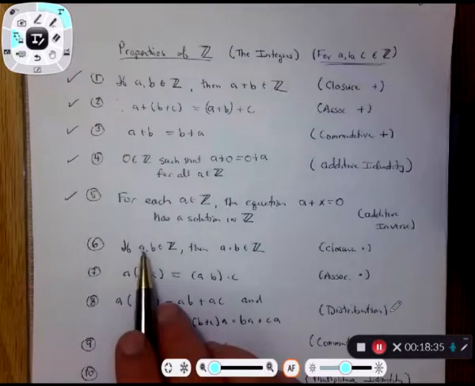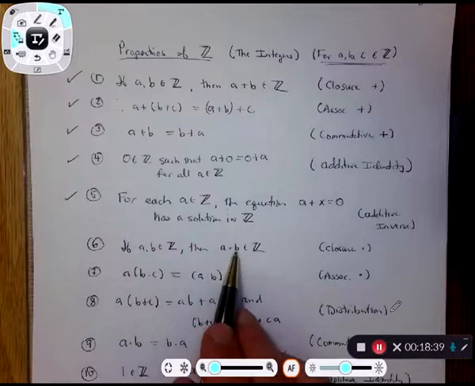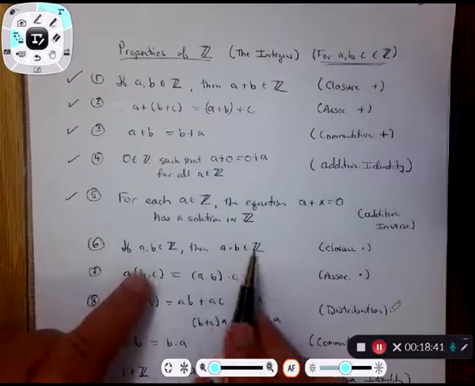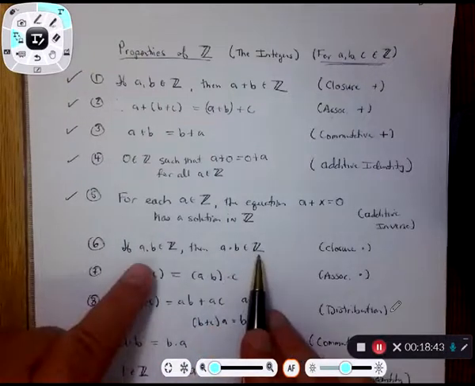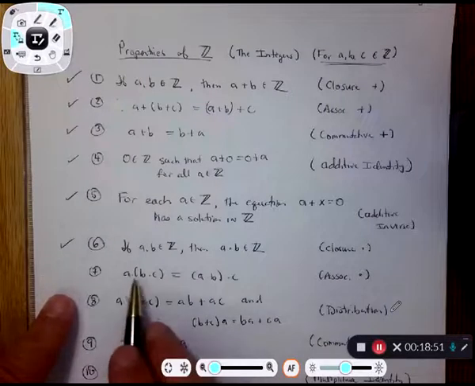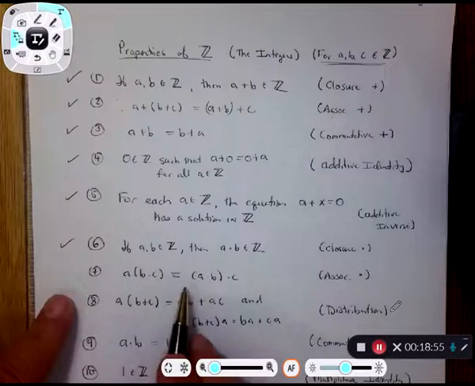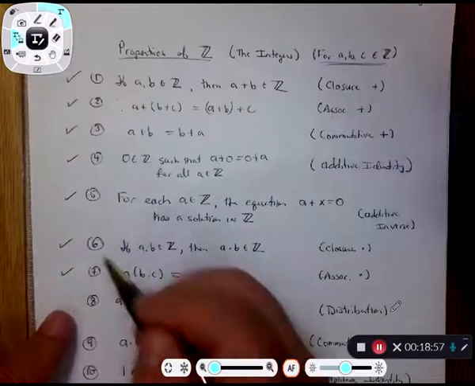Here, if A and B are in Z, what about the multiplication of the two guys? They're going to be in Z. Now we're talking about this being Z mod n, and yes, we have closure with equivalence classes. So this property also holds for Z mod n. For associativity under multiplication, if you've got three equivalence classes, it doesn't matter what order you multiply them out, that holds.